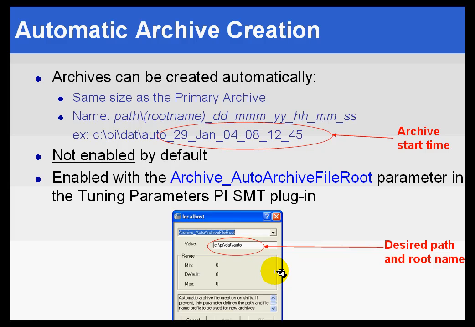Also, you've got to monitor your disk space if you use this feature. And to be honest, I have to admit I'm a little hesitant to tell people that this is absolutely the best thing to do in all cases.